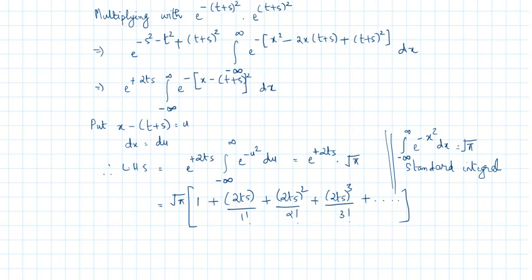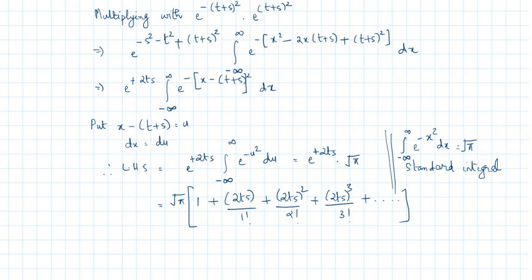Now the next step would be I substitute x minus t plus s as u, and my integral would get transformed like this.